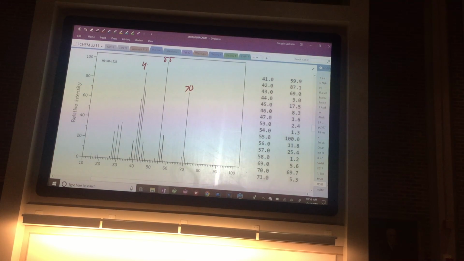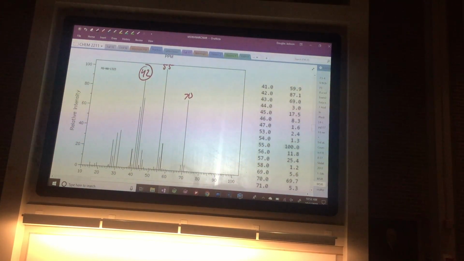There is a major fragment at 71. If 70 is my molecular ion, 55 would be M-15 and 42 would be M-28. That makes me think McLafferty.